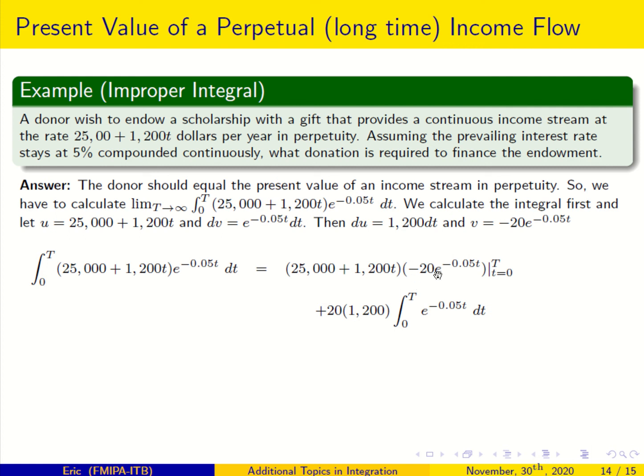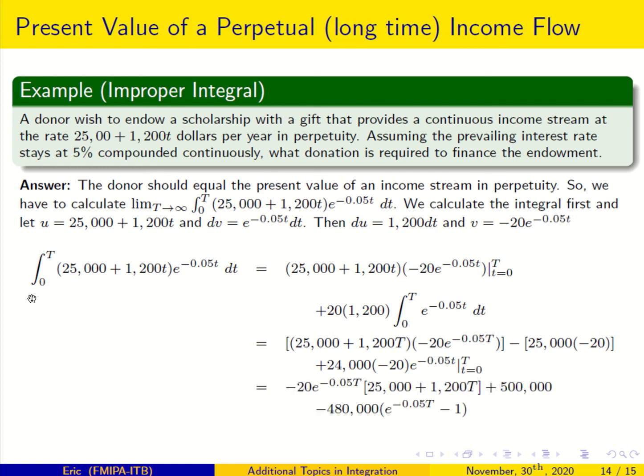Integral of v du, this is this, 20,000 of this times this. Okay, and I can simplify this. This is from 0 to t.